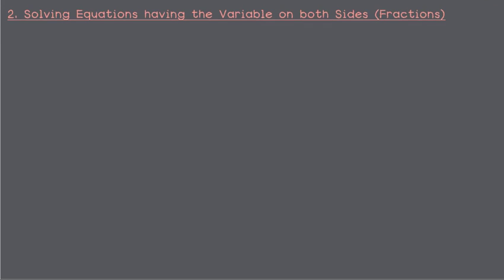Let's try to solve the equation in example 13. We have the equation 5 times (x plus 7/2) is equal to 3/2 times (x minus 14), and we need to solve for x.